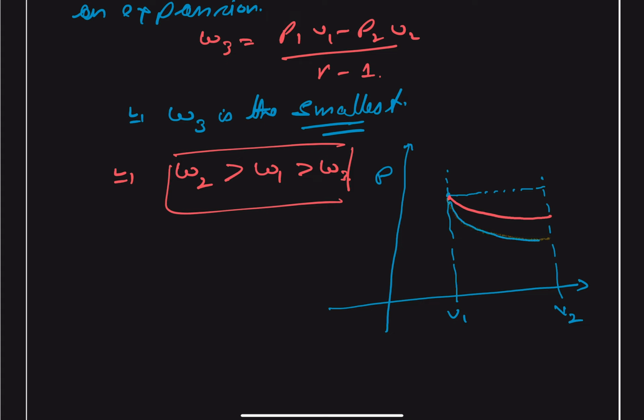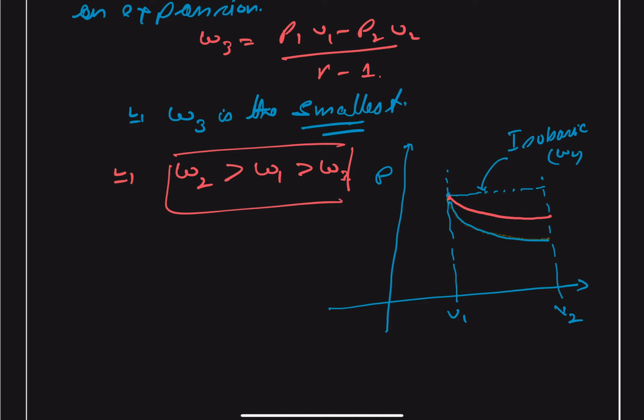The topmost curve is our isobaric, whose work done is represented as W2.